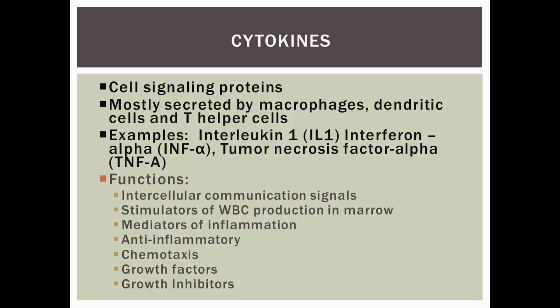Just when you see those terms, think, it's just a chemical signal to tell another cell to do something. They're going to have all kinds of functions, including intercellular communication signals, stimulating white blood cells to be produced in the marrow, starting inflammation, or actually anti-inflammatory as well. Chemotaxis, growth factors, growth inhibitors, all kinds of different possibilities. It just depends on the situation, what we want these cytokines to do.